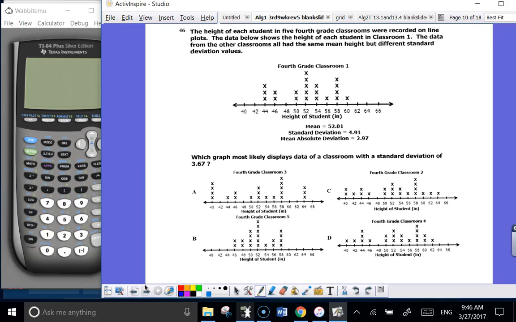So what they're asking is which one looks like it's less spread out. You don't have to calculate anything. Just look at how spread out this data is, and then look at these 4 and see which one looks less spread out than B. There's your answer.